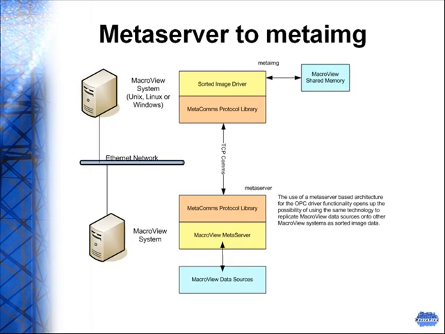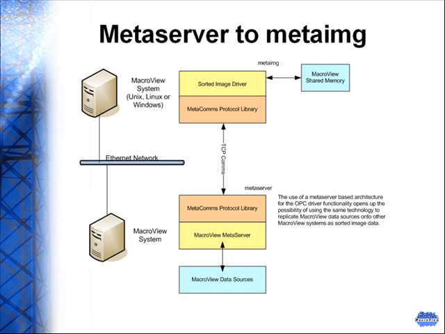There's the prospective use of this to not have OPC involved at all, and just have a MacroView system where you have any driver, whether it's a PLC or sorted image driver, and another MacroView system replicating that source.